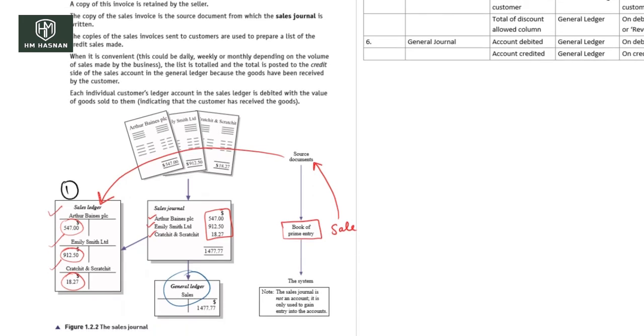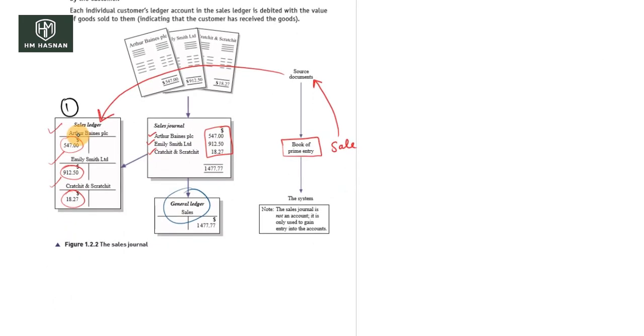First of all, as we read earlier, we will record in the individual ledgers, the individual sales ledger of every customer. So assume we have 3 customers, 1, 2, 3. We will record the individual sales ledger, then total the amount of the sales ledgers, and this total will go to the general ledger.